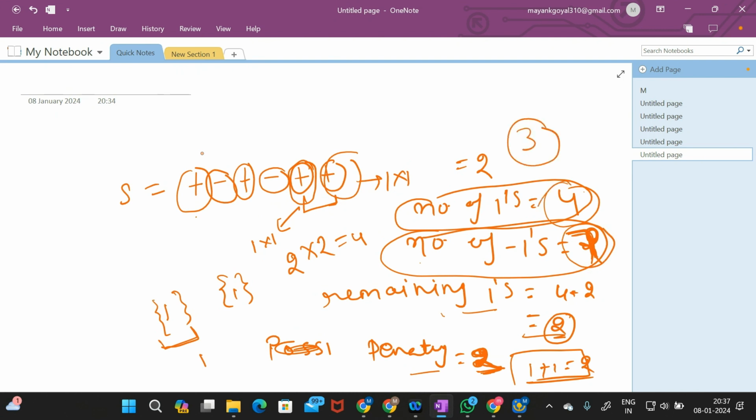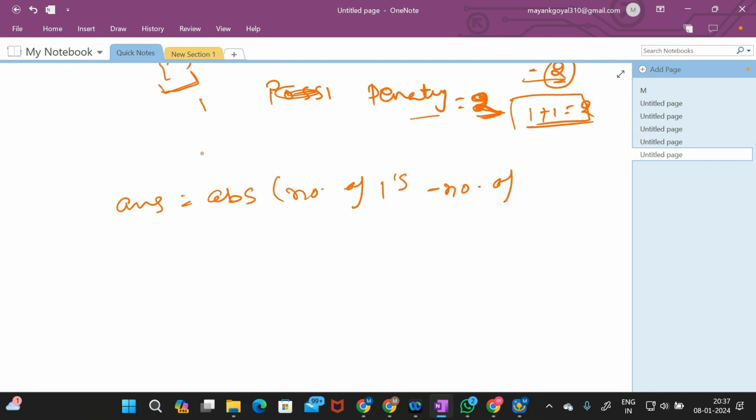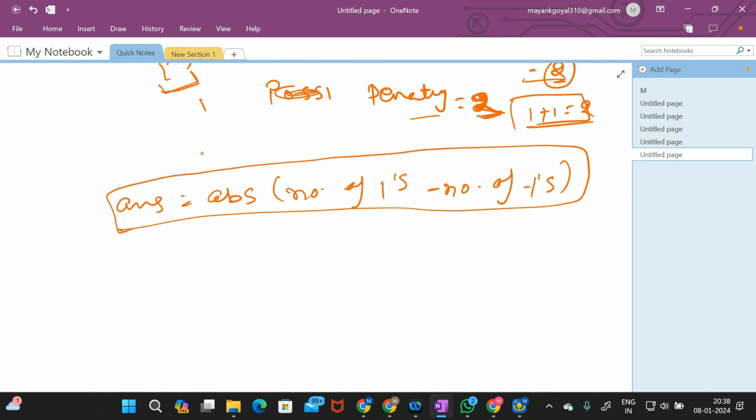So our answer is equal to the absolute value of the number of ones minus the number of minus ones.